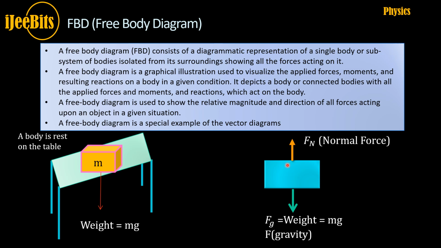So that's why we show this as an upward direction, Fn. Now Fn and Fg are equal in magnitude and opposite in direction. That's why we say this block is at rest in this context.